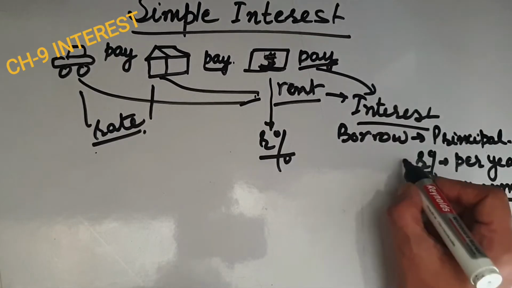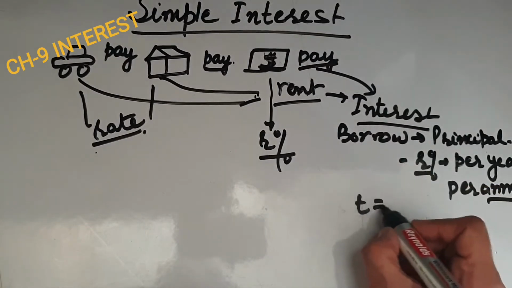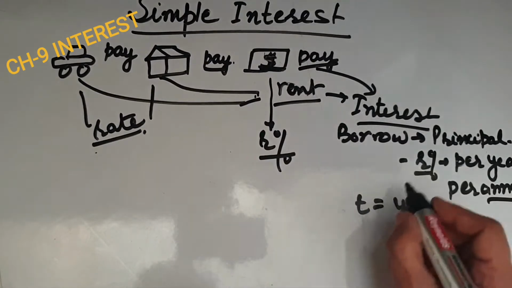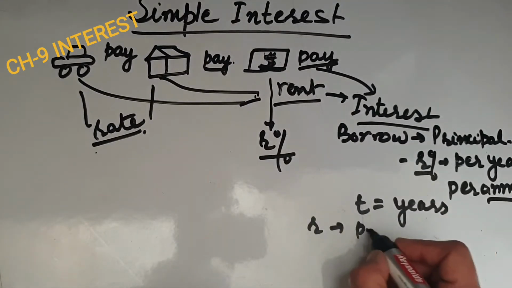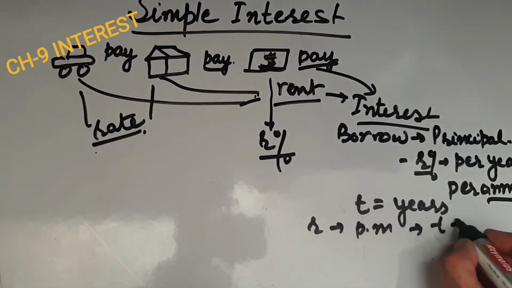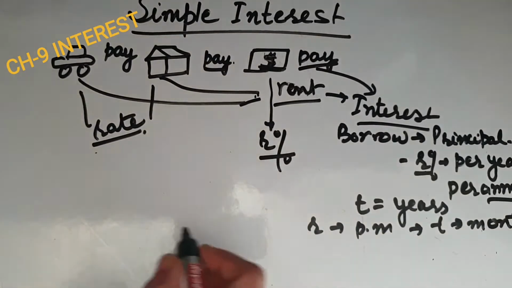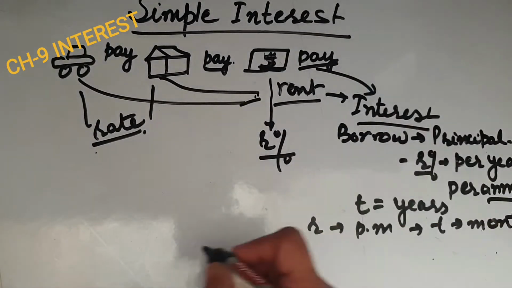If it is asked per year, then time we will multiply with the years. If the rate is per month, then time will be taken in months. Now this simple calculation will give us a formula.